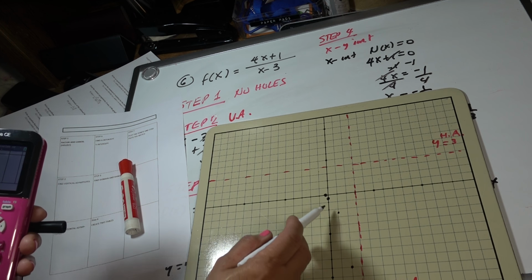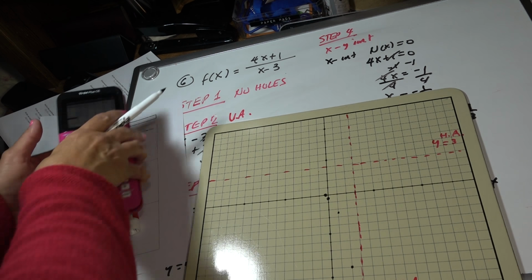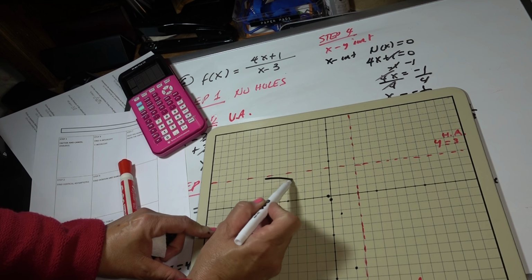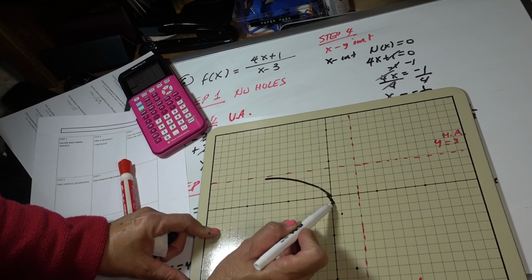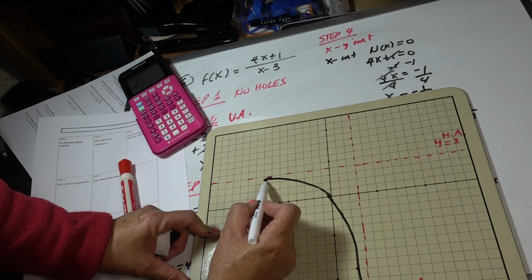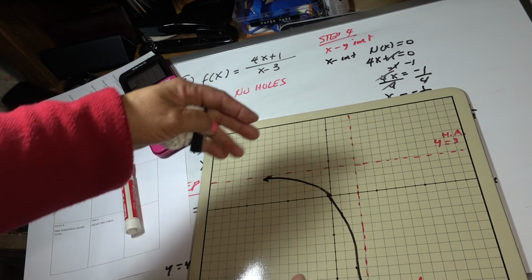So you can see the hyperbola is going this way. So I can start sketching the graph, just going like this. You have to go through the points and keep getting closer and closer to the asymptotes, the horizontal and the vertical.